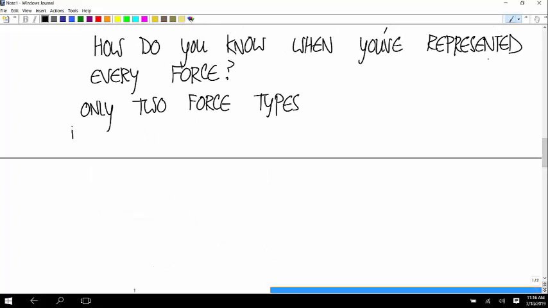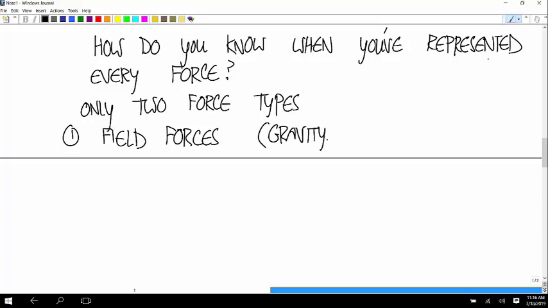The first one is field forces. And in this class, that's essentially just going to be the weight. It's just going to be the force applied by gravity. But there are other possibilities. If you have a charged particle in an electric field, that could fit into this category.